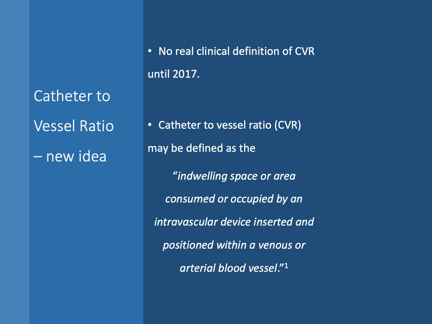It's a pretty straightforward sort of description. However, it's still not routinely referenced in standards or guidelines, even though it's a very clear description and accurate representation of what catheter vessel ratio should be, because it defines both a lineal or an area-based approach without specifying necessarily a linear or area-based approach. It's talking about how much space is occupied within the vessel by the catheter itself.